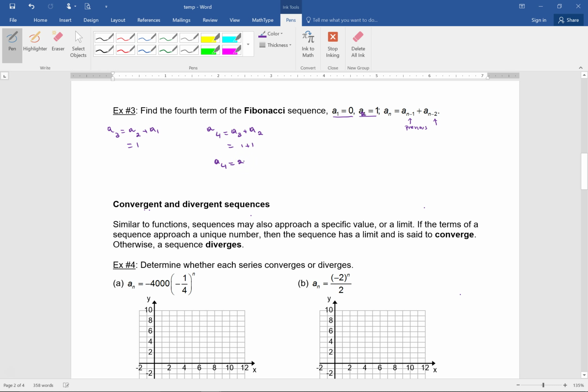So look at how the Fibonacci sequence looks. At first you have 0, then you have 1, then you have 1 again, then you have 2. And each number is the sum of the two numbers that come right before it. So look, this 2 is the sum of these two. So what will be the next one then? 3, and what will be the next one? 5, 8, and so on.